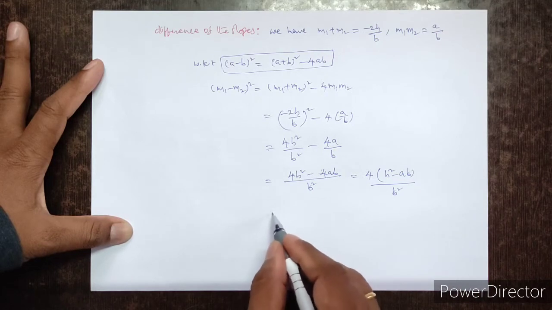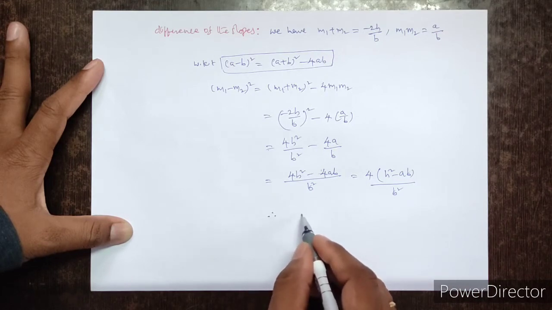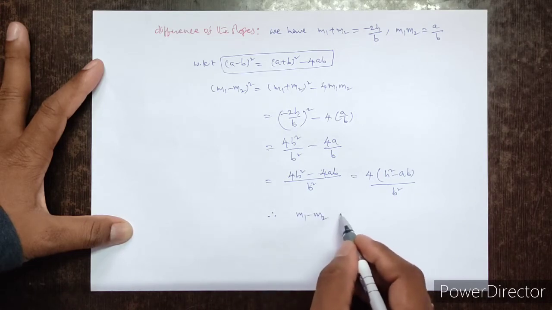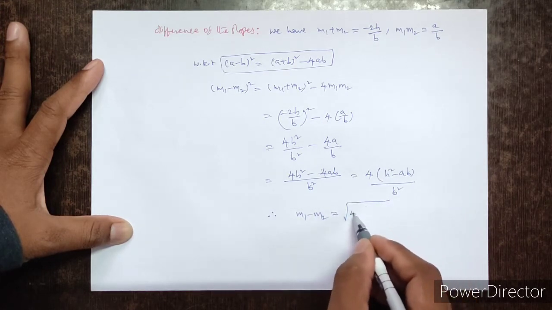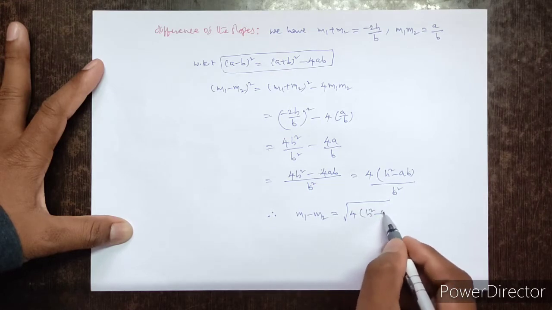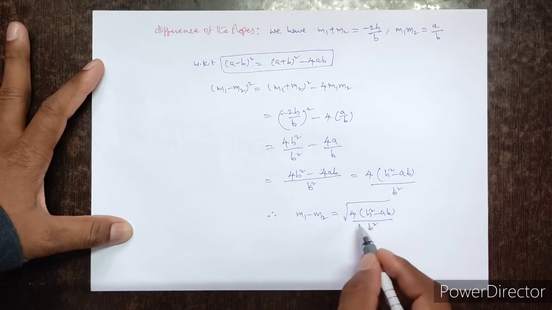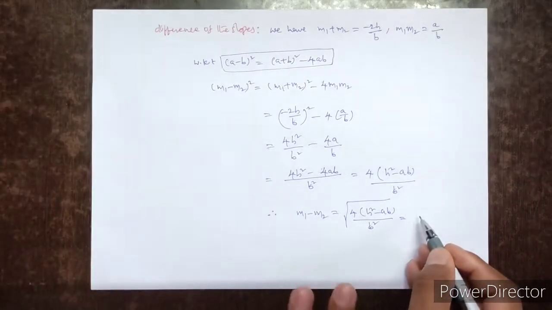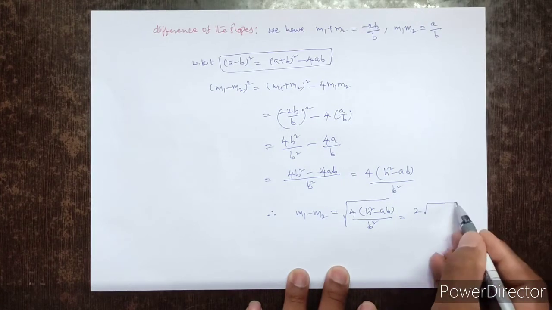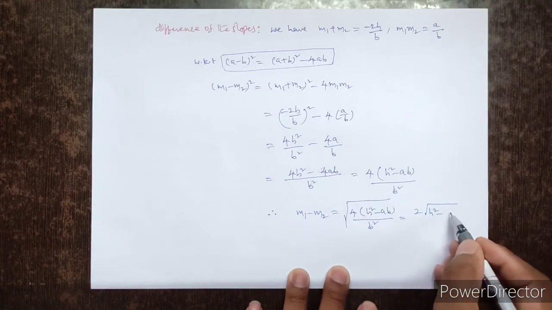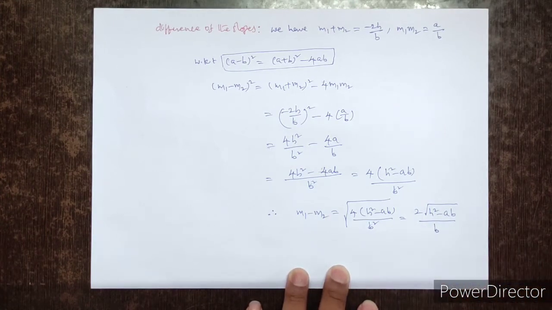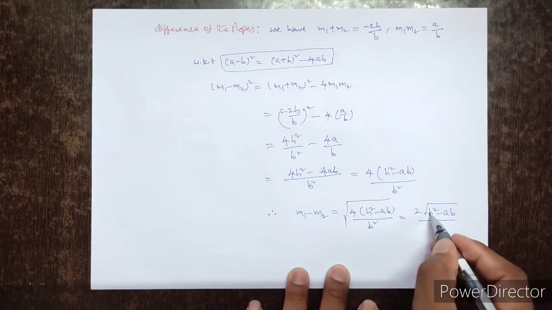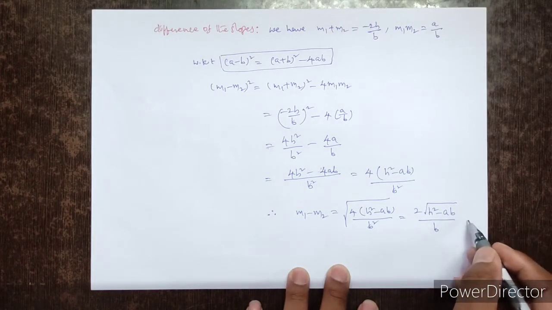Therefore the difference of slopes, m1 minus m2, equal to root of 4 times h square minus ab by b square, that equals 2 root of h square minus ab by b.